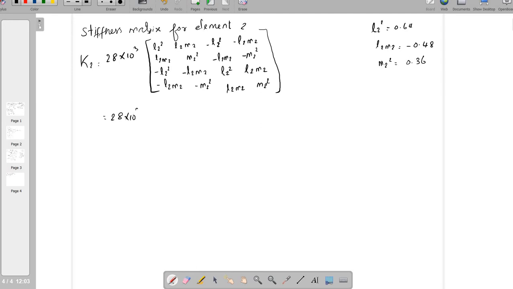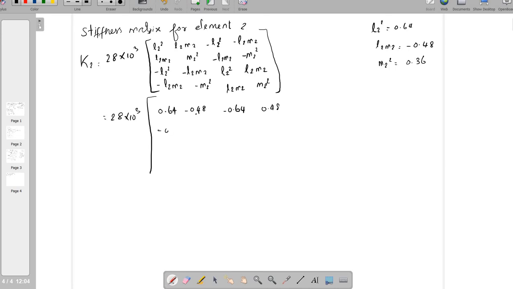28 into 10 power 3: L2 square 0.64, L2M2 minus 0.48, minus 0.64, plus 0.48, because minus L2M2 already has a minus value, so it is plus 0.48.